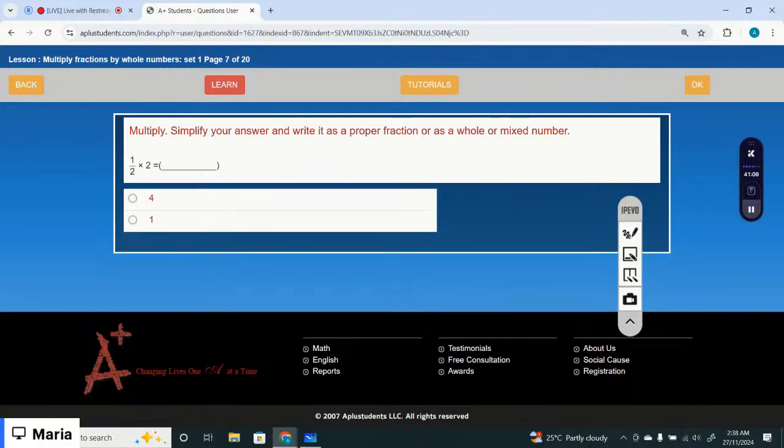1 by 2 times 2. So which is the correct option? That is 1. Option number 2 is the correct option because 2 and 2 cancel out. You are left with just 1.